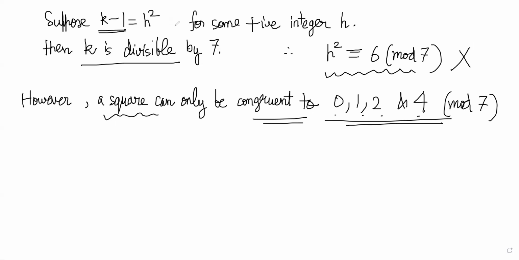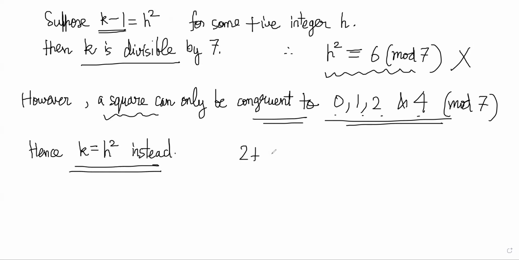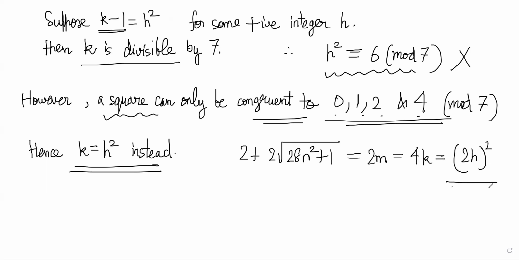So if k minus 1 cannot be h square, then the other option is k must be h square instead, right? And if k is h square, then 2 plus 2 times root over 28 n square plus 1 is equal to 2m, which is equal to 4k, which is equal to 2h whole square.